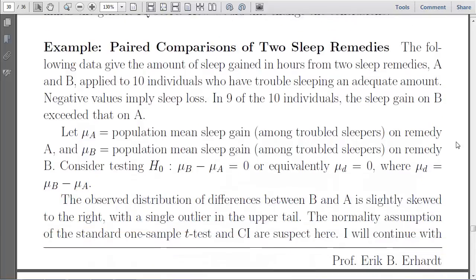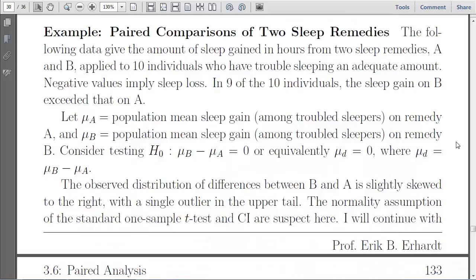All right. One more example, a paired comparison of two sleep remedies. So the background of this is we've got 10 individuals, and for each individual we know what their average amount of sleep is. For example, I care very much about sleeping very well, so I have a Fitbit, have had one since 2009, that in addition to tracking my steps during the day, tracks my sleep at night.